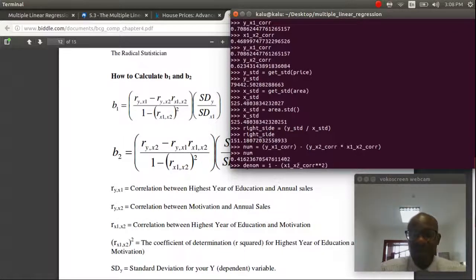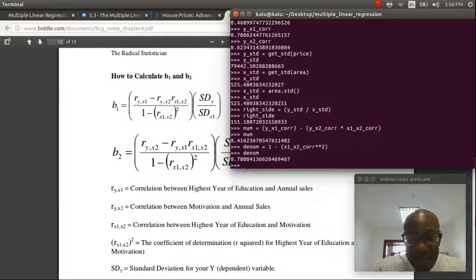So 1 minus the correlation of x1 and x2 squared. So let's see what that is. Denom, that is this. Now we need to take the numerator. So our coefficient, so let's say x1 coefficient equals this numerator we have, right? Divided by, let's say left side. Left side equals this numerator divided by the denominator, this one right here. And that is our left side.